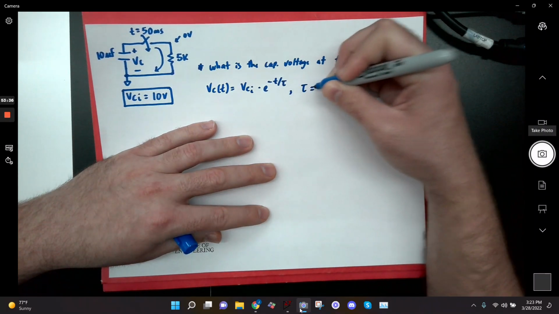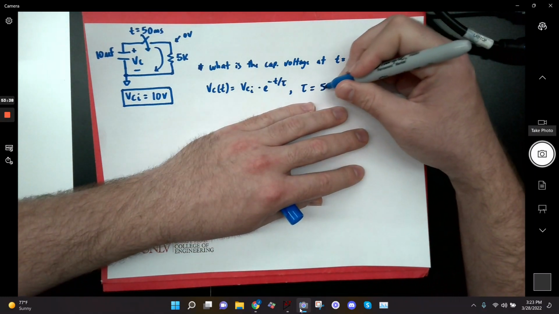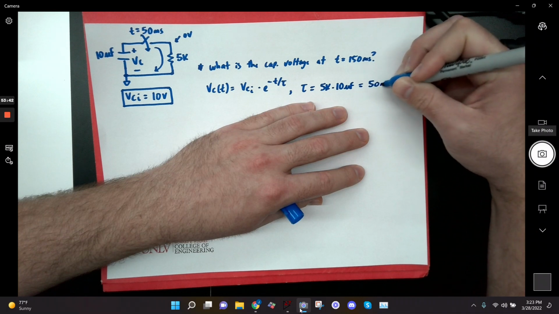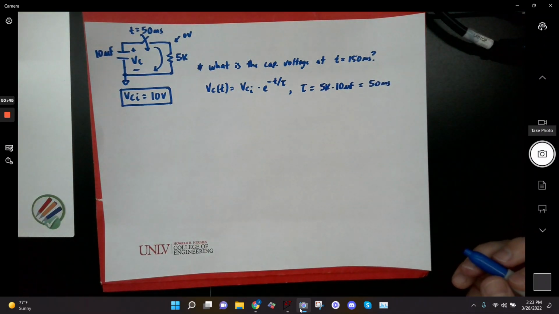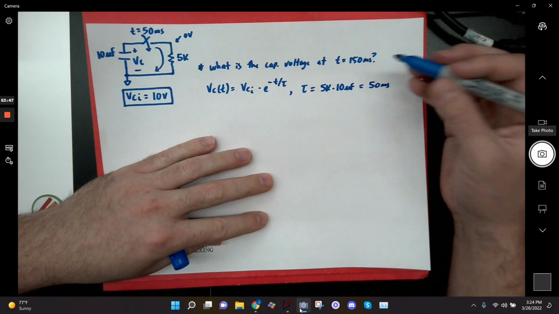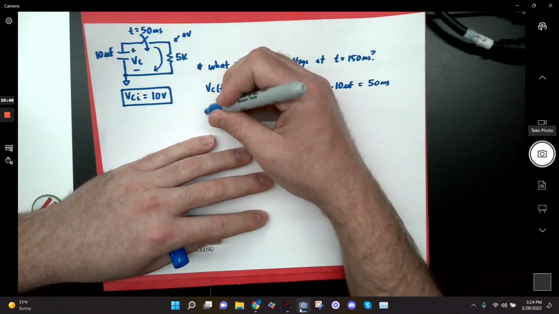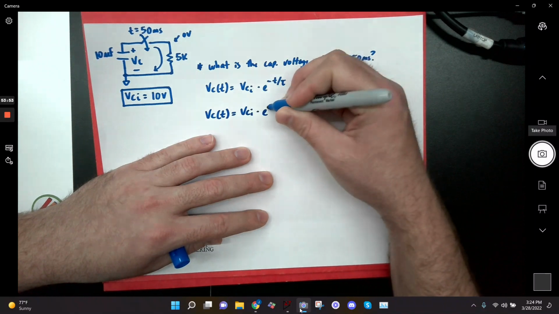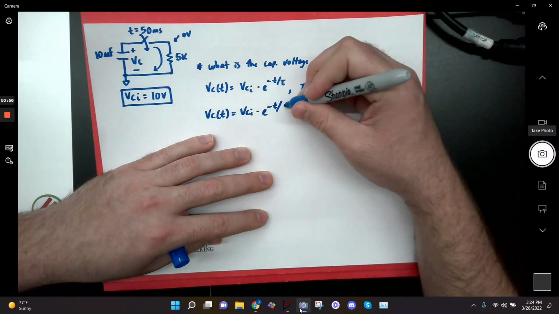And in this case, my tau is 5K times 10 microfarads, which gives me 50 milliseconds, right? And so VC of t equals VCI e to the minus t over 50 milliseconds.